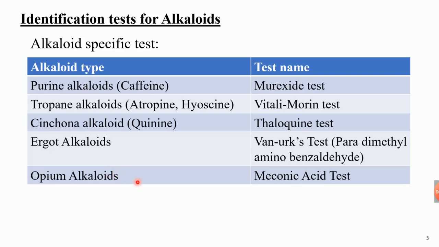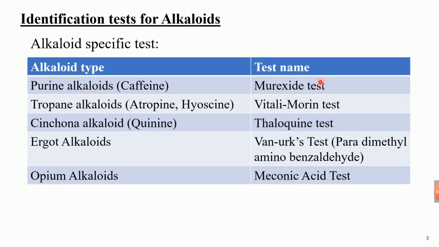Next is opium alkaloid. Meconic acid test is used for identification of opium alkaloids. So these are the specific tests. These are class specific. Suppose Vitali-Morin test is used for only tropane alkaloid. Tropane alkaloid can be identified by other tests like common tests, but purine alkaloid cannot be identified using common tests.